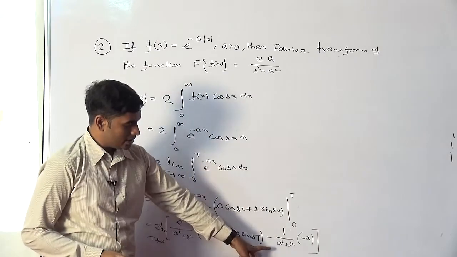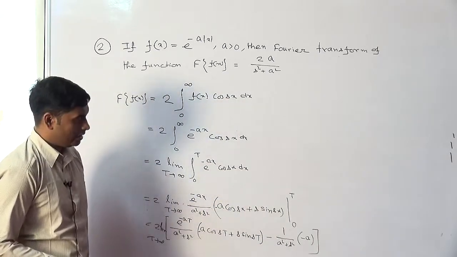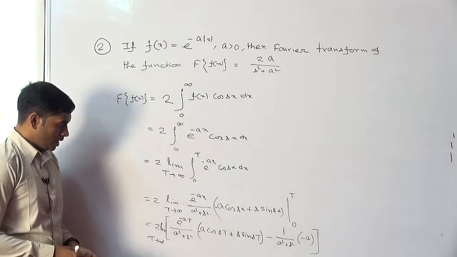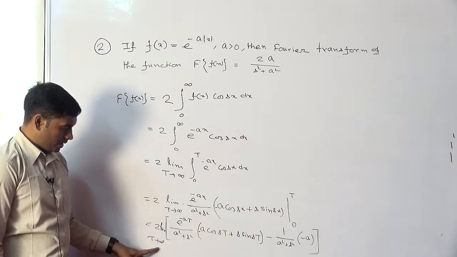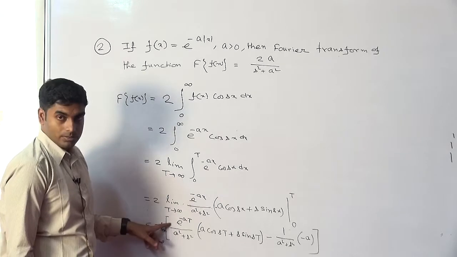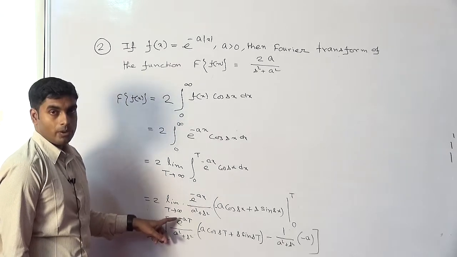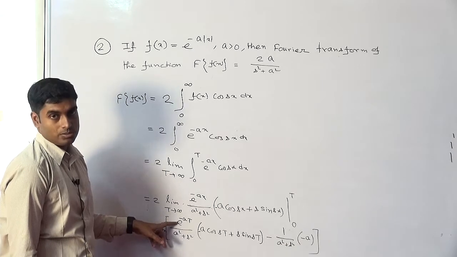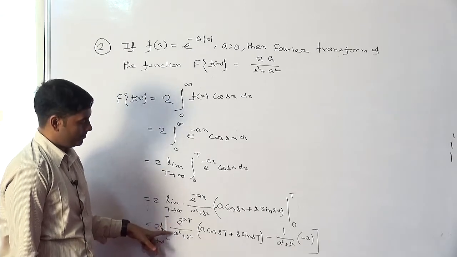Now see, this part does not contain any t, therefore we can bring it out of the limit. Now for t tends to infinity, as a is positive, e to the power minus at will be 0, right?